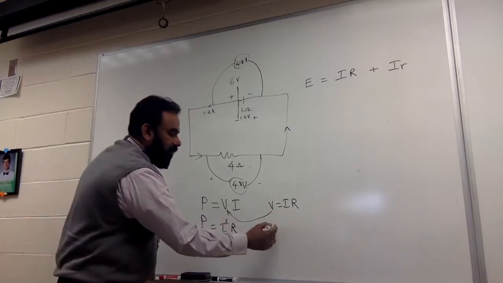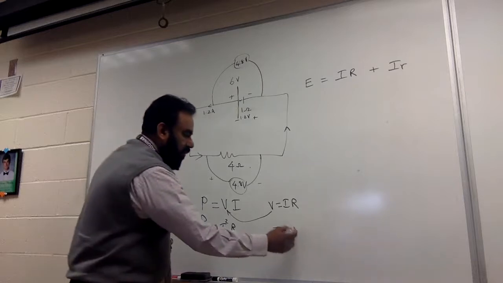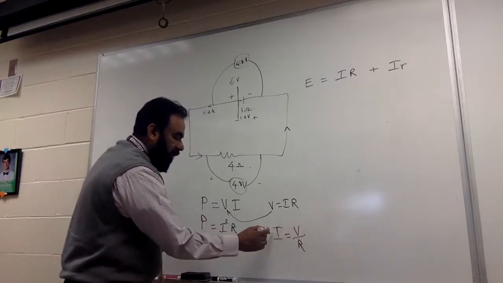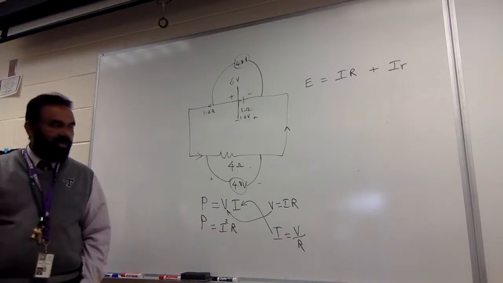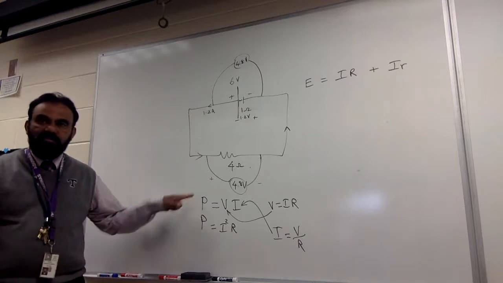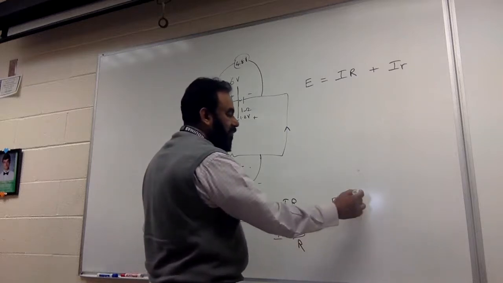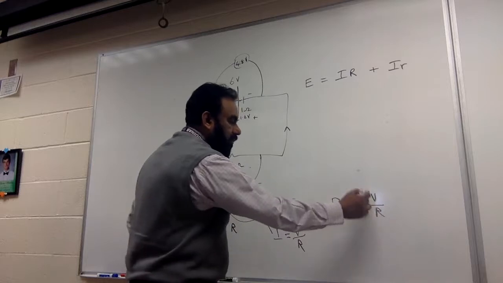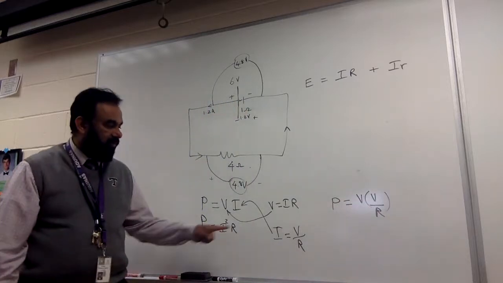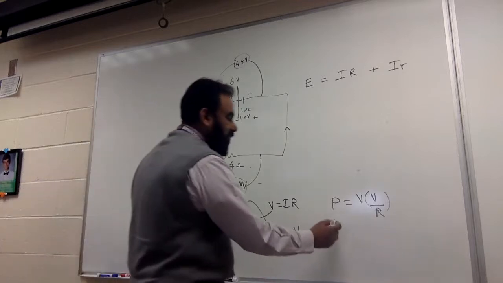Now what is I equal to? V over R. If I replace this here, what do you have in this original equation? Power is equal to V times V over R.